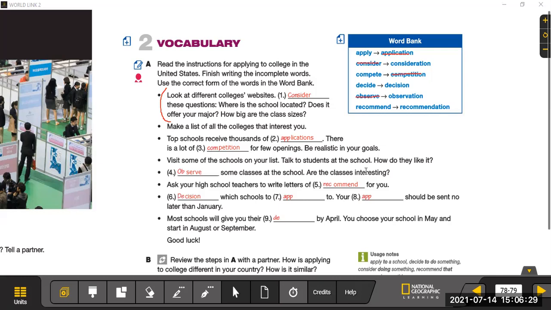In these cases, it is incorrect. Because they say, for example, ask your high school teachers to write letters of recommendation. So we are going to use the noun here, letters of recommendation. Let me erase that. We're gonna put recommendation.